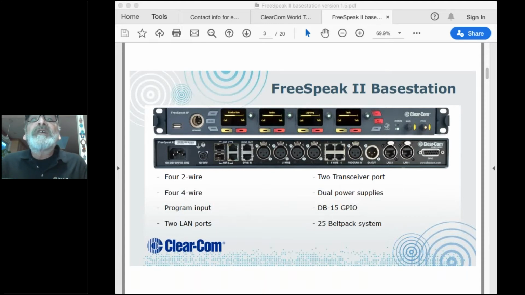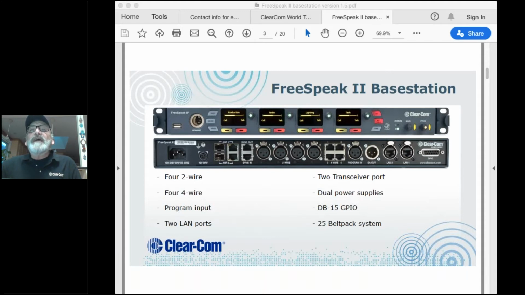I see Mark is asking a question: when using stage announce and program in as a 4-wire connection, does the program level control function? So yes, there is, in the software and from the master station. I think it comes in 6 dB steps, if I'm not mistaken, for program audio functionality, and the same for stage announce.